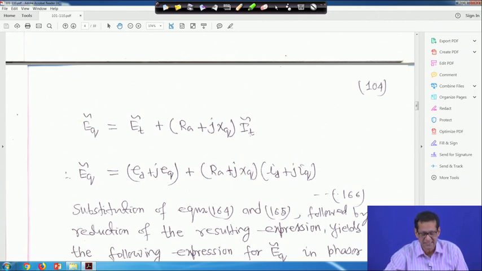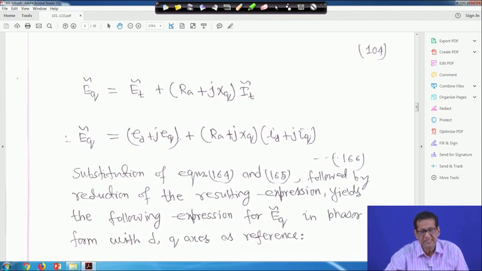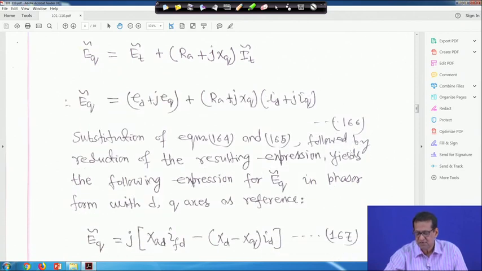Now, ET tilde is equal to ED plus JEQ, therefore EQ tilde is equal to ED plus JEQ plus RA plus JXQ into ID plus JIQ. This is equation 166, right.